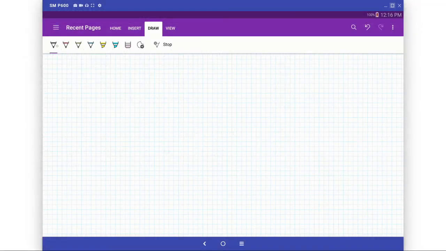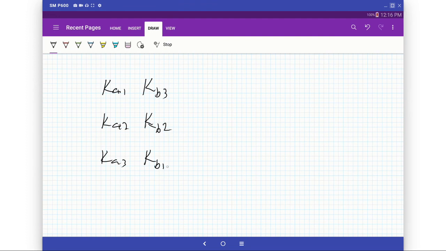So there's always a relationship in polyprotic acids: Ka1 times Kb3, Ka2 times Kb2, and Ka3 times Kb1 is equal to Kw.